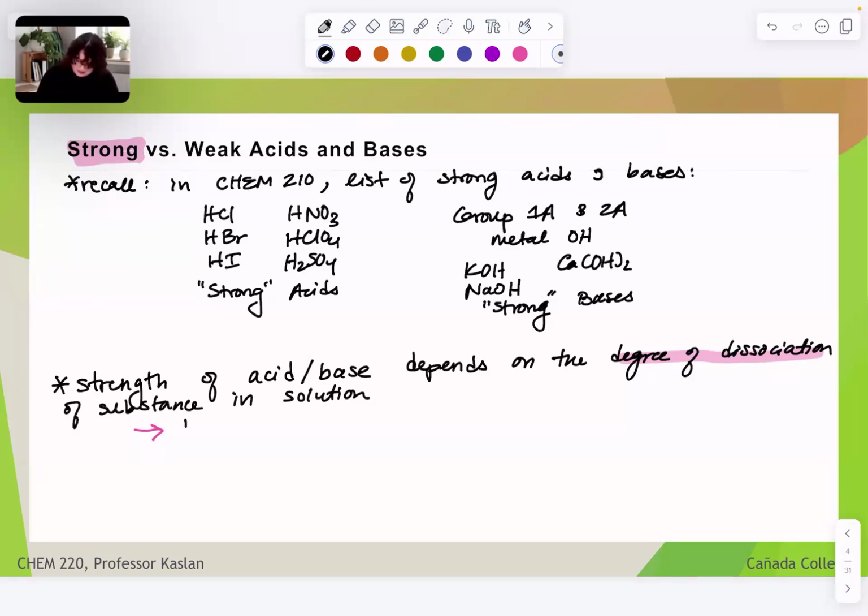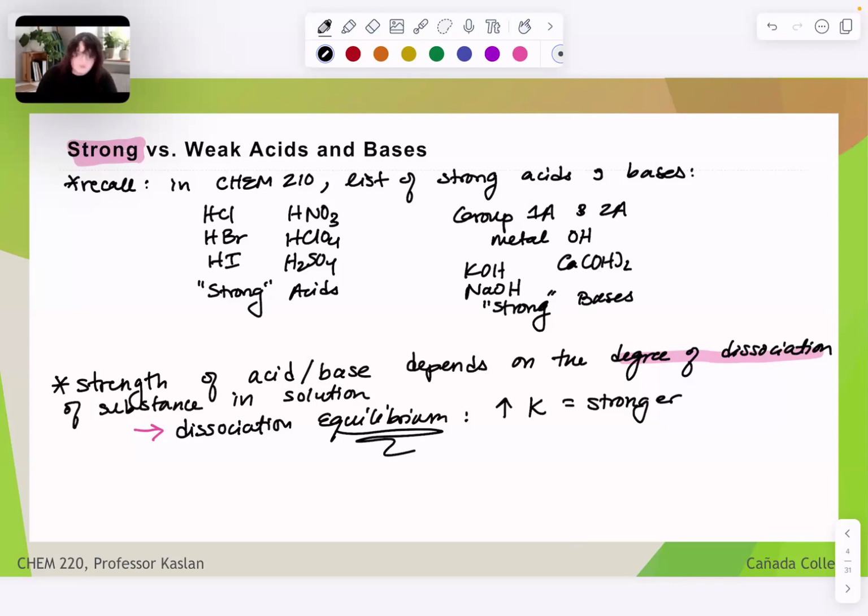So this is a dissociation equilibrium. So if we've got a large K, then we have more dissociation, which is what we say is strong.